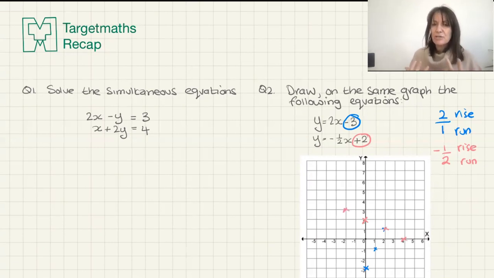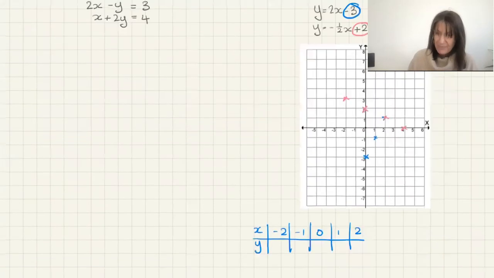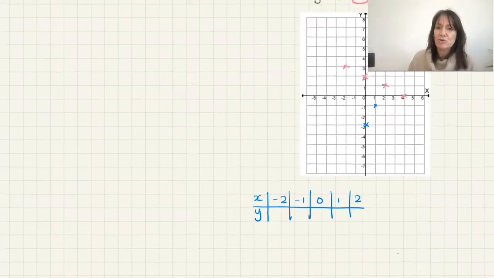So the skills that you've already learnt about these graphs, you can just apply without having to do very much more, to be honest. This is another way of drawing it. You set out a table and you substitute in, which is the way that we initially introduce and learn and develop this topic.